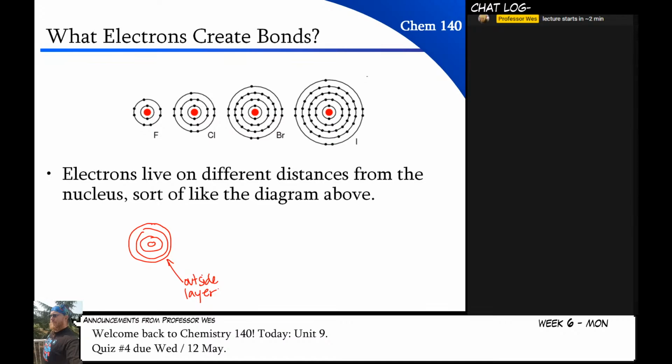But no matter how many layers of electrons I have, there will always be one layer that is the outermost layer. In other words, there are electrons on the outside here, somewhere in this region, that if I were to bump them into another atom, they would encounter each other and interact.